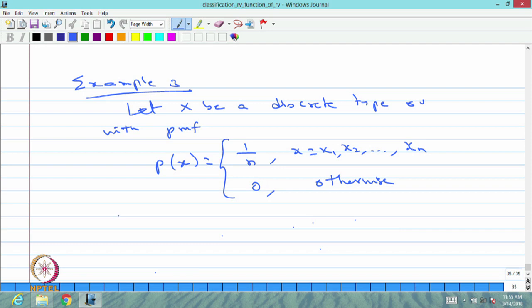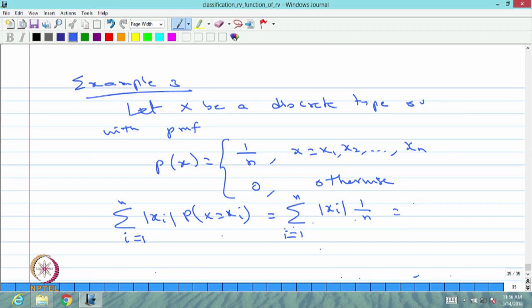So if you compute the summation over i from 1 to n of the absolute value of xi times the probability of x equal to xi, this is the same as the summation over i from 1 to n of absolute xi times 1 by n.